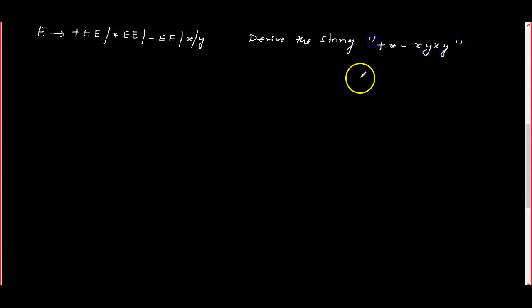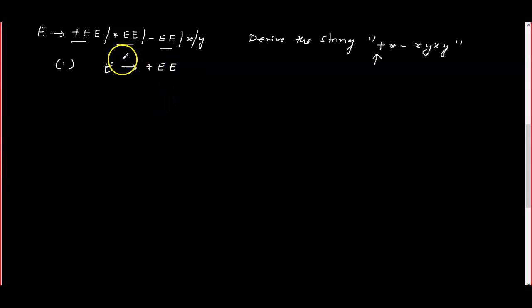You have to derive this, first using LMD, then RMD. Here we are free to take this one or this one or this one, because OR is given, as I discussed in the last class. But in the string, we require the first symbol to be plus. So we have to choose this one only, because this one is multiplication and this is subtraction. So first we have to substitute E derives plus EE.